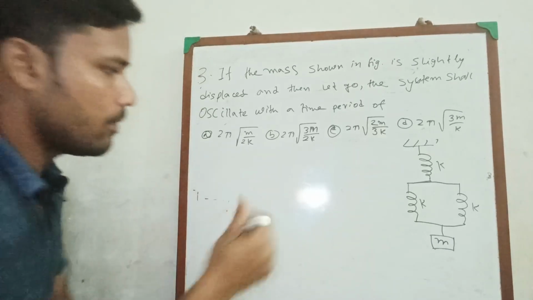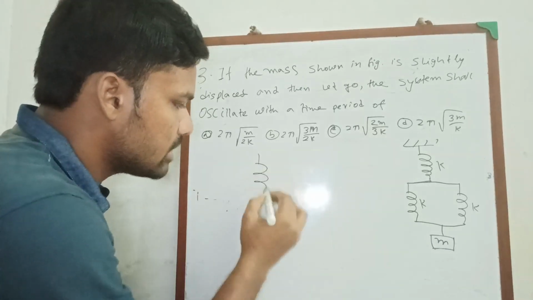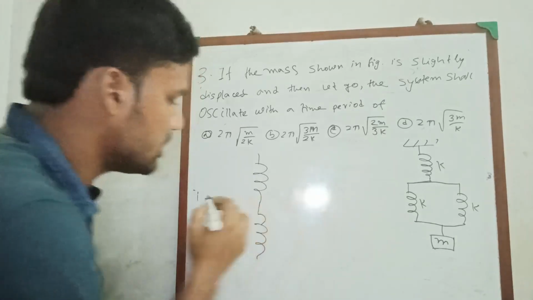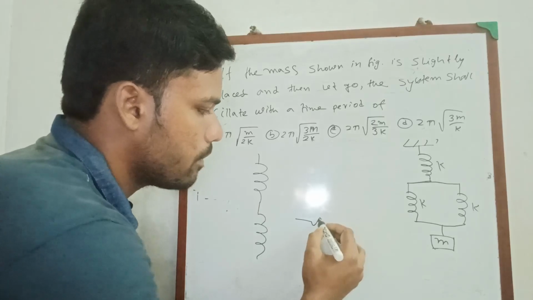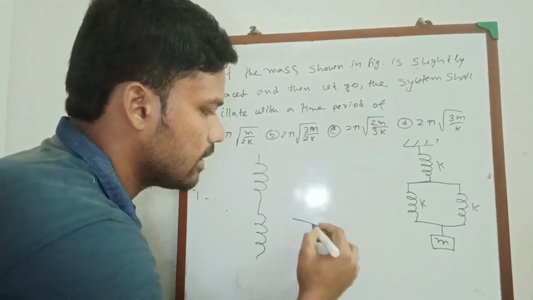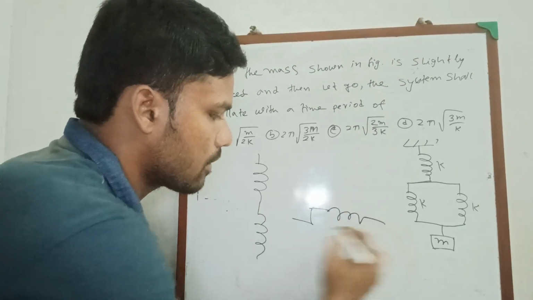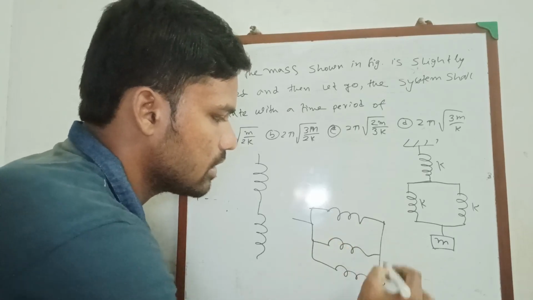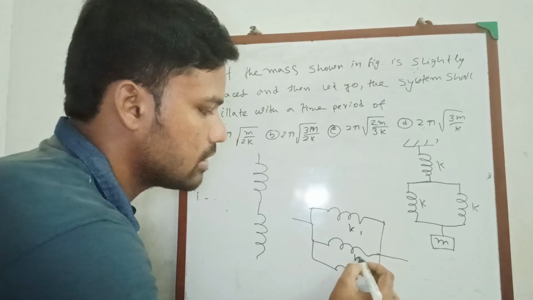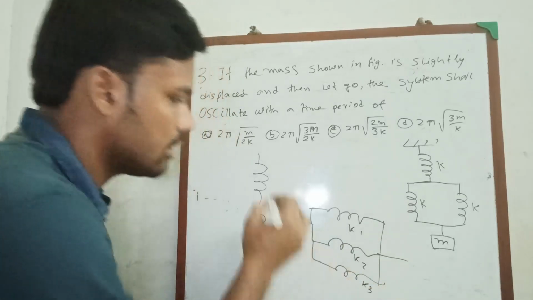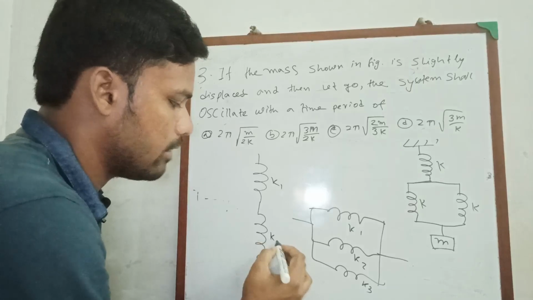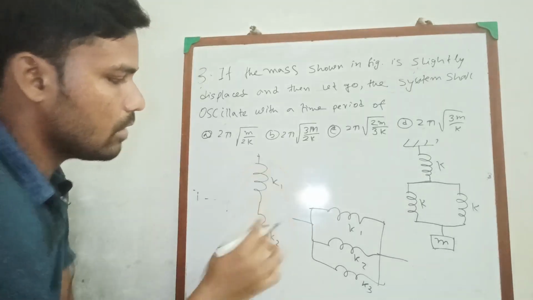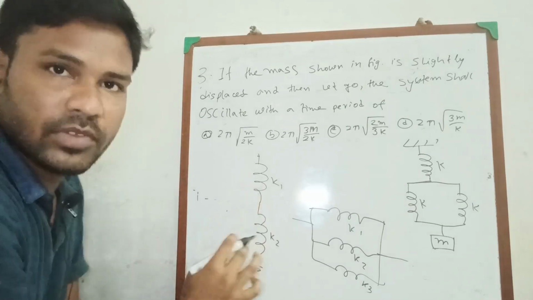As we know, springs can be in series or in parallel. Suppose there are three springs, k1, k2, k3, with different values. For this system, what is the equivalent spring constant?